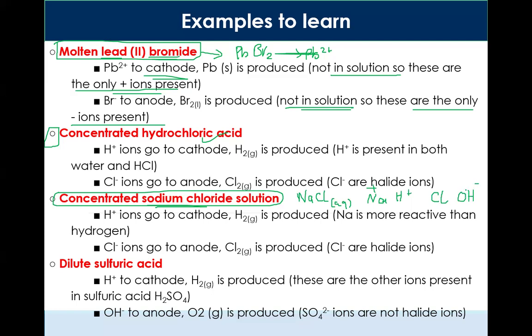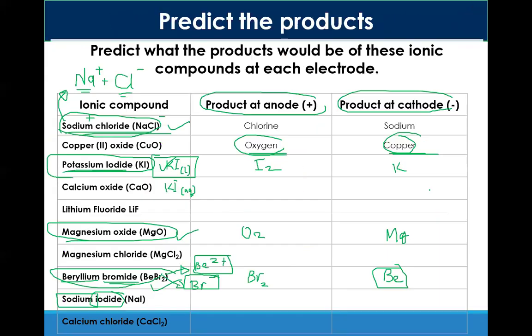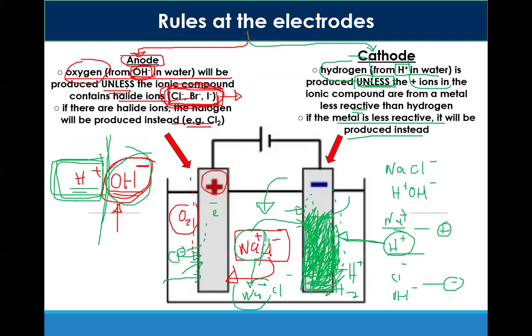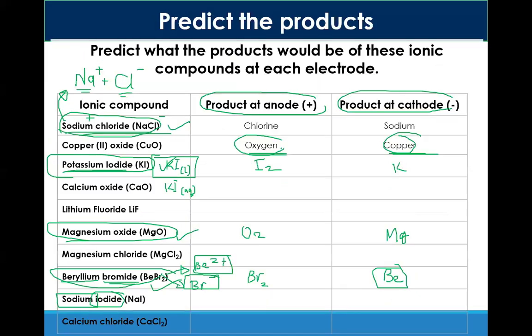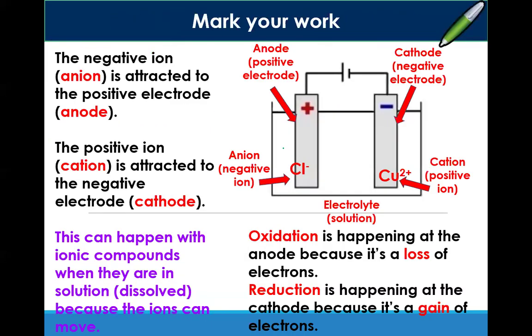Okay. Now, what did we learn about the rule at the anode? We learned that normally oxygen is produced at the anode, and that is from the hydroxide in water, unless you have halide ions present, right?